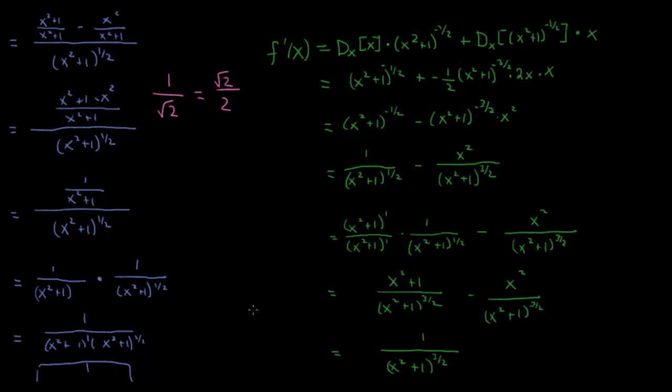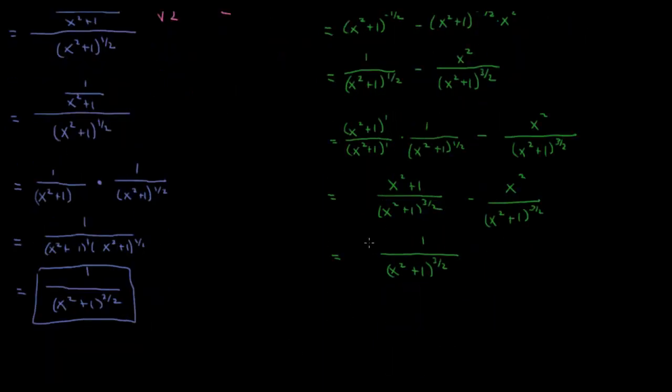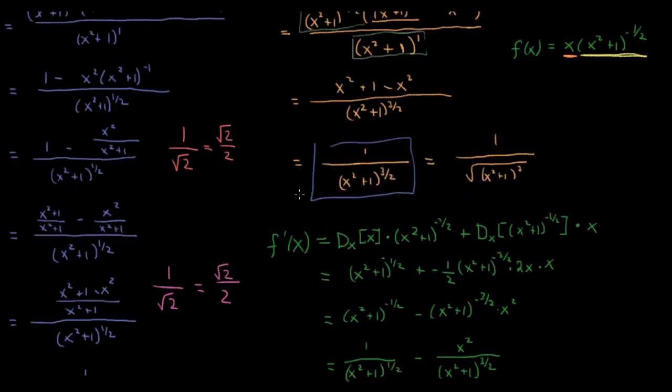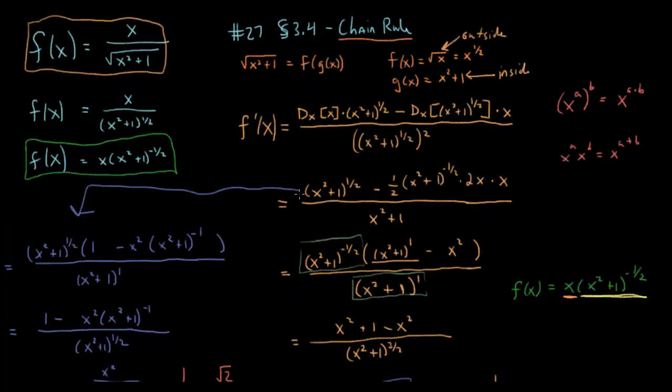Notice again, exact same answer. So this is the case with many of these derivatives. You can do it this way, that way, a third way. You just have to make sure that you're employing proper calculus techniques, but there's usually more than one way to approach a problem, especially when you have quotients.